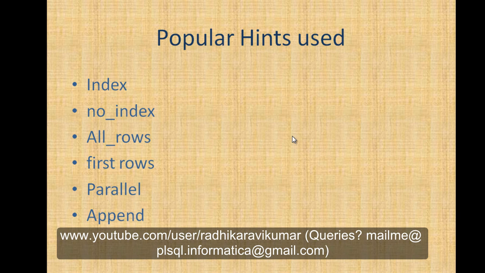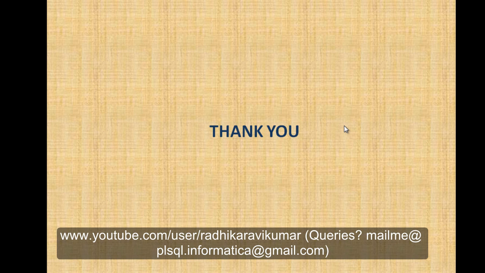Hope you guys have understood till here what exactly an optimizer is, what optimizer hints are, how to write an optimizer hint, and the most popular hints that are used. In the next tutorial I'll discuss practically how we can make use of the INDEX and NO_INDEX hints.